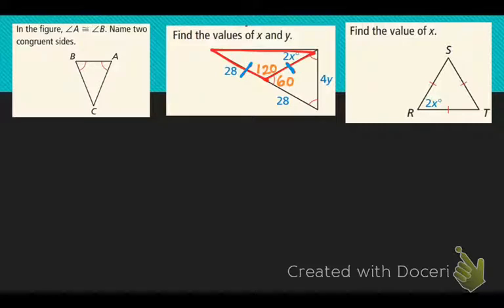So what 2 angles will be congruent? Another 2x and then the 2x. These will be congruent to each other. There are a couple ways to solve this, but I'm just going to do it the foolproof way. What do you know about the 3 angles inside of a triangle? They add up and they equal 180. So that's what I'm going to do.